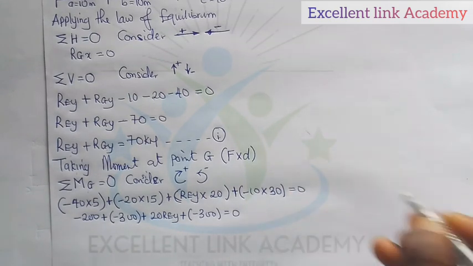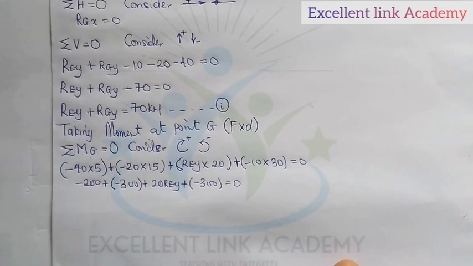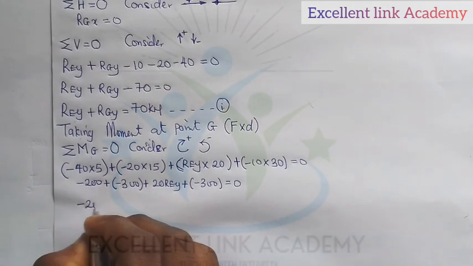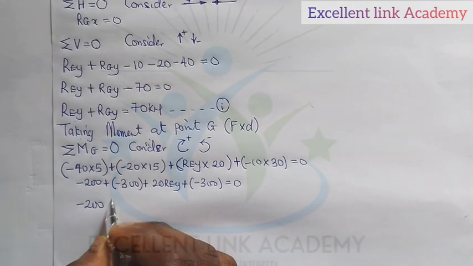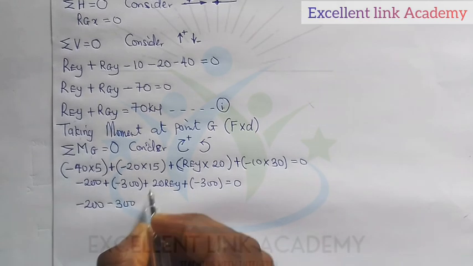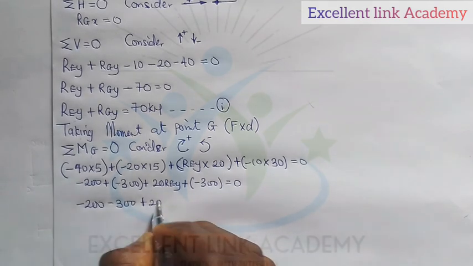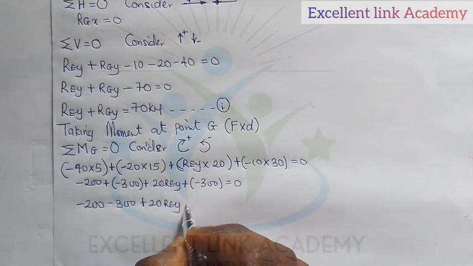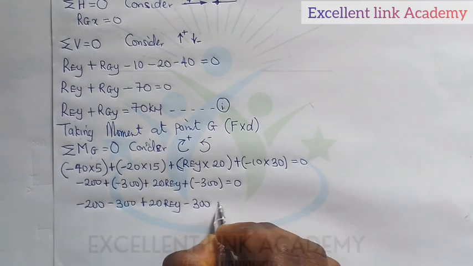So if I proceed, I'll be having minus 200 plus times minus is what? Minus 300 plus 20 REY minus 300 is now equal in value to 0.